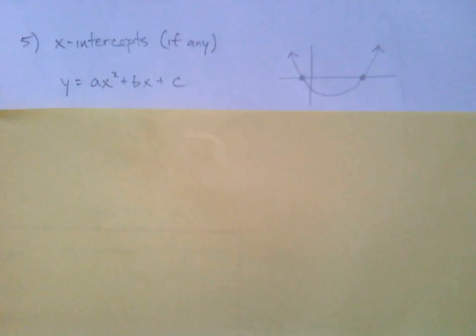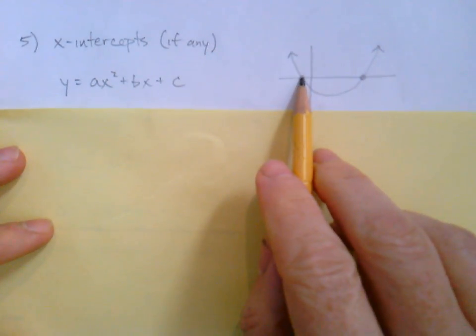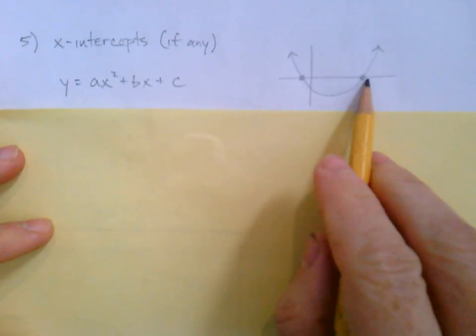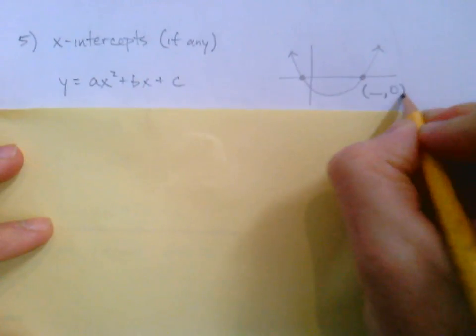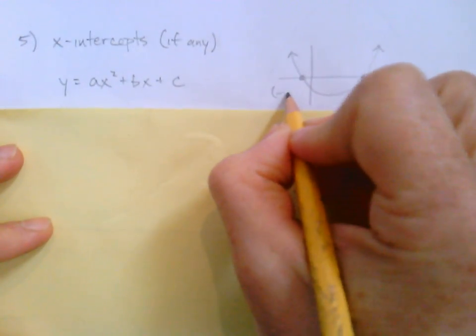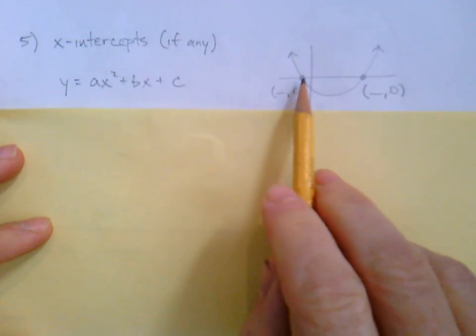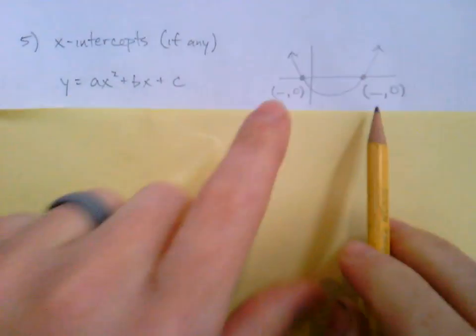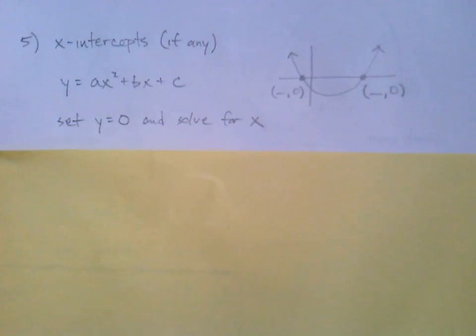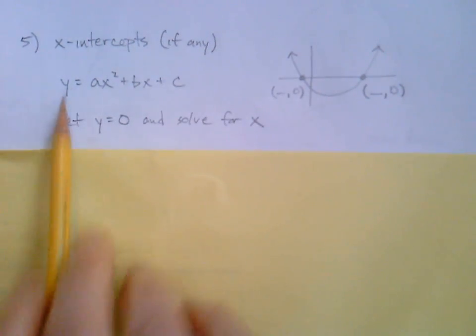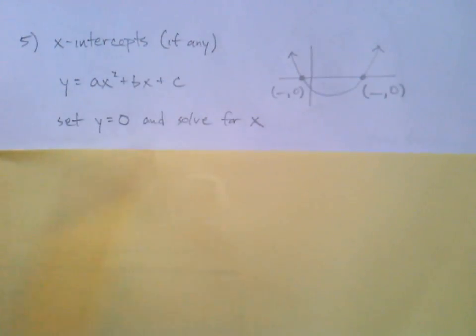And it's really the reverse thinking of the y-intercept. What are the y-coordinates? Isn't the y-coordinate 0 at both of these points? We just got to figure out what the x's are. So we're going to take this, and we're going to set y equal to 0 this time, and solve for x.